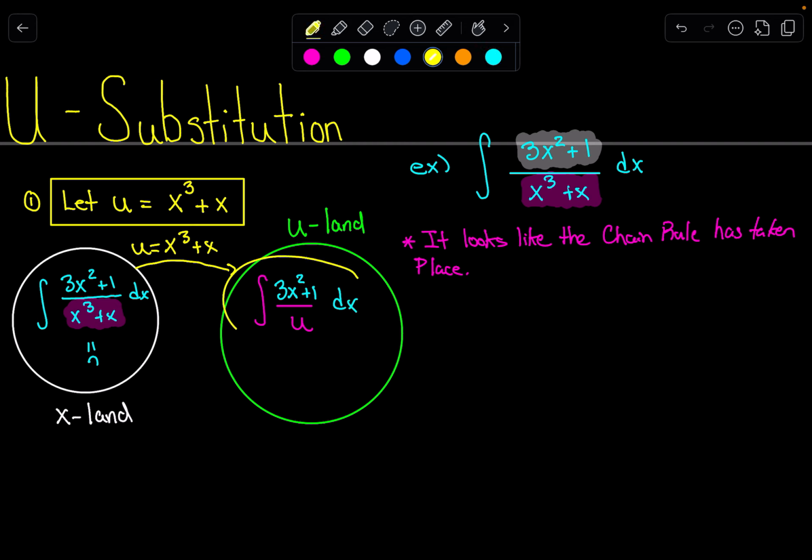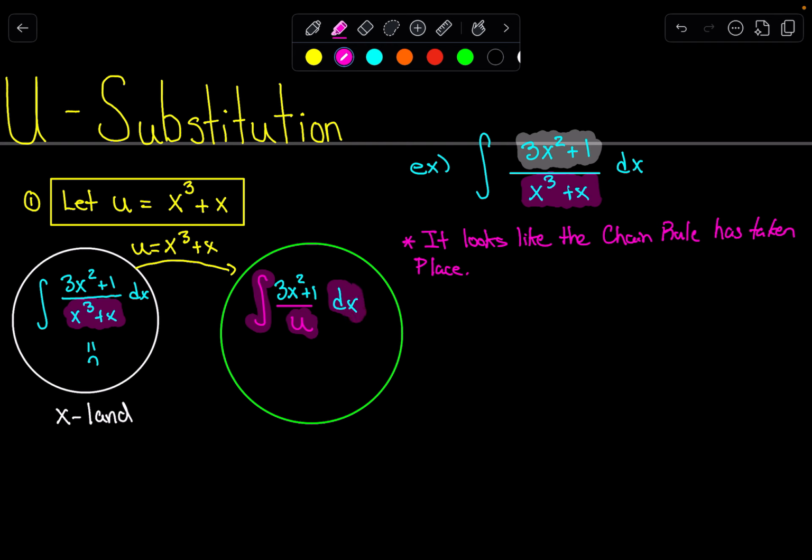The problem is that we're supposed to be in U-land, but we're not all the way in U-land yet, right? We haven't made it to U-land yet, and the problem is because we still have x's in our problem. More specifically, the most annoying one is the fact that if I'm going to do an integral with u's in it, then I better not have a dx here. What do I need to have there instead?